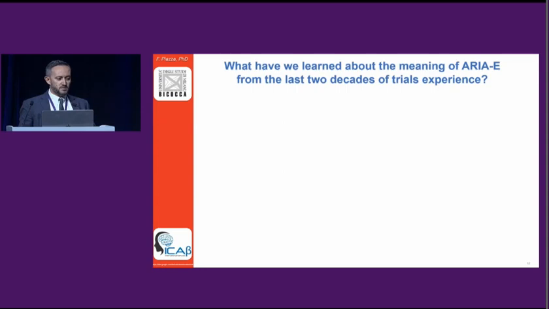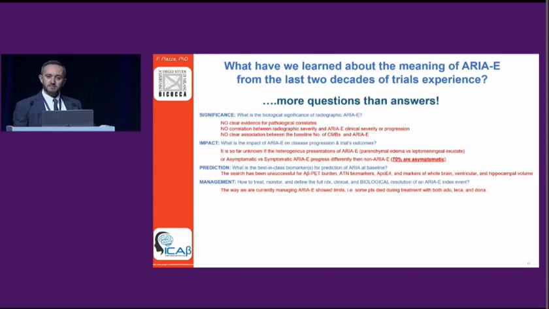So what do we learn about the significance of ARIA-E from the last 2 decades of trial experience? As we have seen and learned from the 2 previous presentations, probably we'll learn more questions than answers.